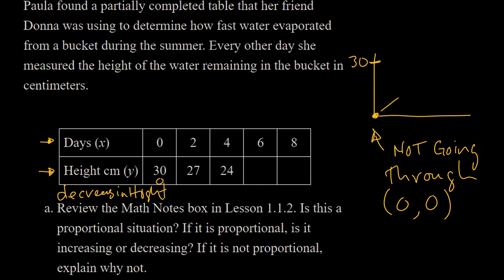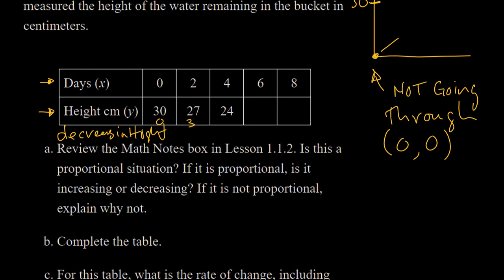On day 0, the water didn't decrease at all. And the next day, it would have decreased by 3. Anyways, this is not the problem I got, right? So it's not proportional because it doesn't go through the origin.